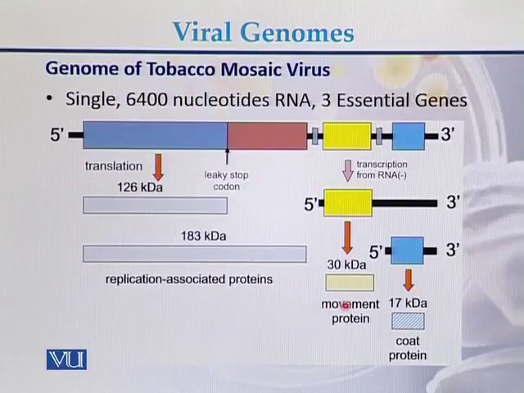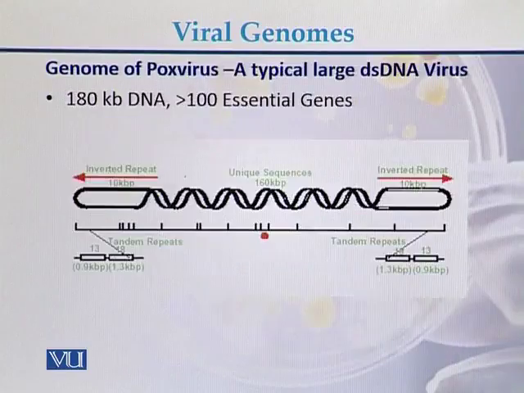Another gene is responsible for the production of movement protein. And the other gene produces coat proteins. So the genome of tobacco mosaic virus consists of 6,400 nucleotides, and there are 3 essential genes present on its genome.